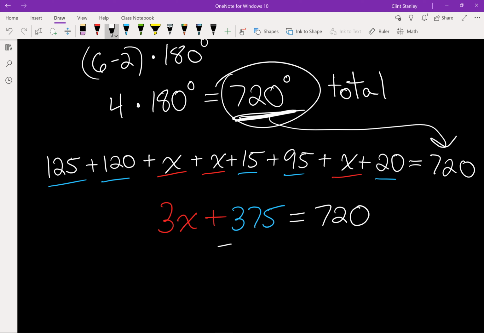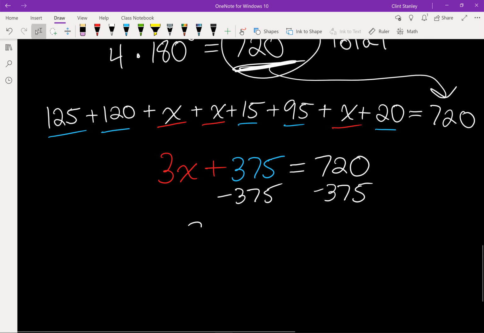Now we do 720 minus 375. That gives us 345, so 3x is 345.